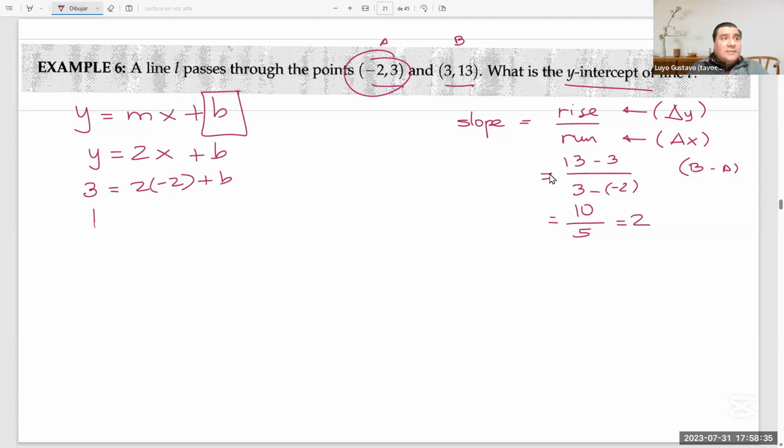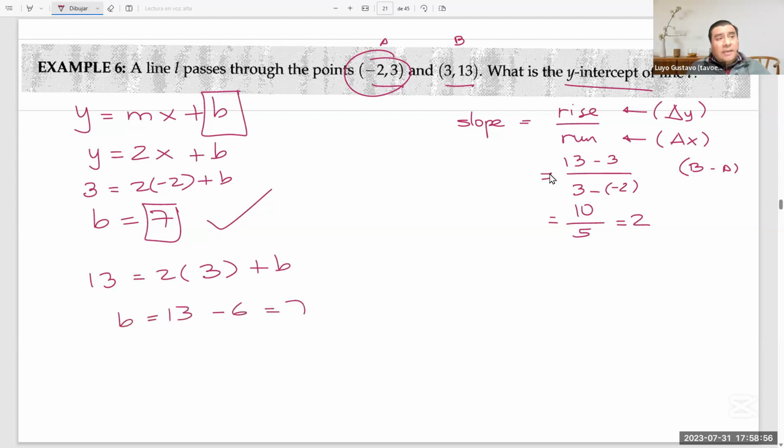So what is this? b equals 7. That's the answer to the question. Should you get the same result if you substitute instead (3, 13)? Of course you should. 13 equals 2 times 3 plus b. So b equals 13 minus 6, 7 again. Right? Yes. Okay, see another example.